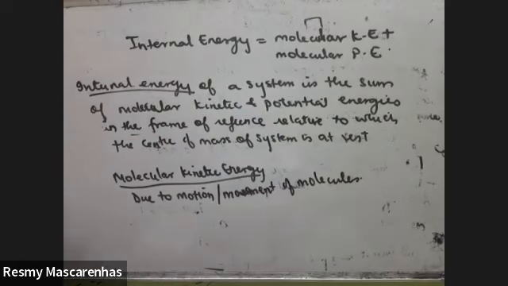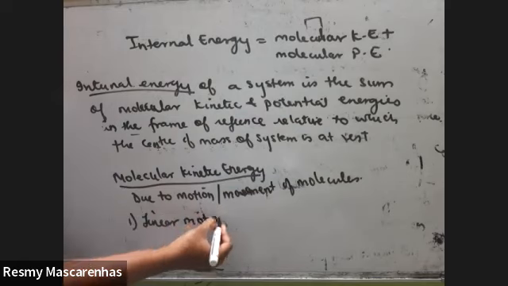So there are various forms, there are various ways this can move. First one is called as a linear motion. Linear, or they also say it as translatory motion, and just use it as linear motion.